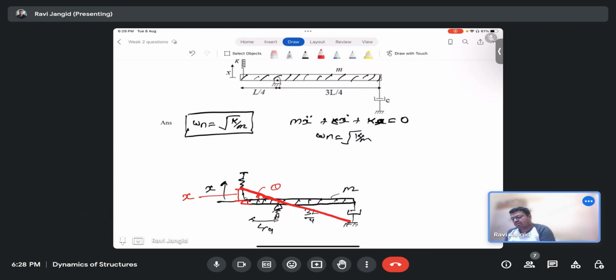Theta would be x divided by L by 4, so it becomes 4x by L. So what would be the displacement at the damper point? That would be theta multiplied by 3L by 4. If I put theta, it becomes 4x by L multiplied by 3L by 4, so the L and 4 will cancel out.